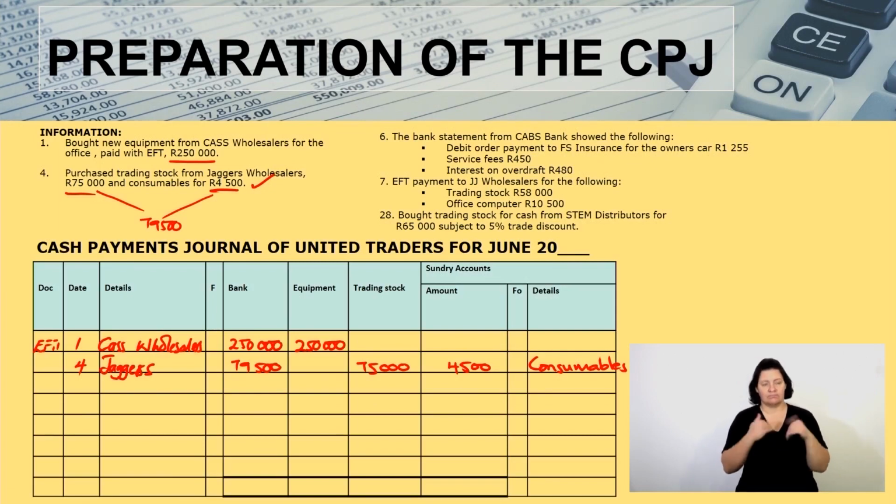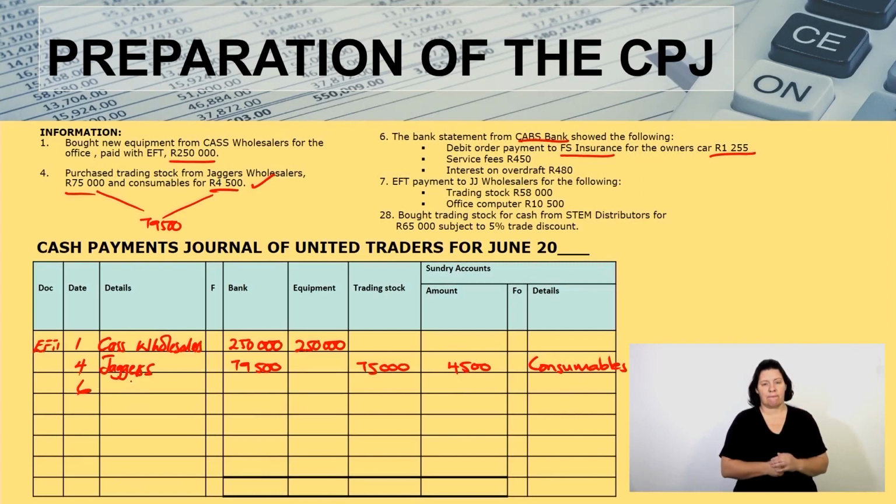I come now to the 6th, and it reads, the bank statement from Cabs Bank showed the following. The first one, it is a debit order payment to FS Insurance for the owner's car, $1,255. All right. So that means I'm coming here now. What is the date? The date is the 6th.